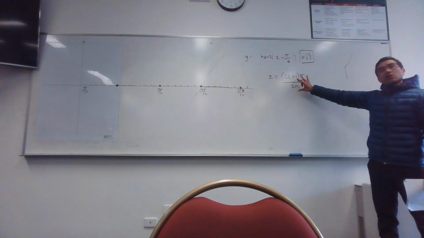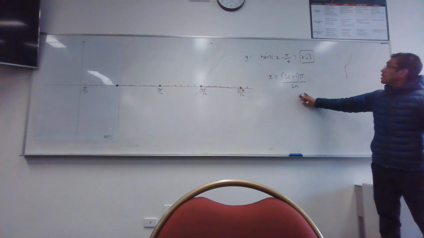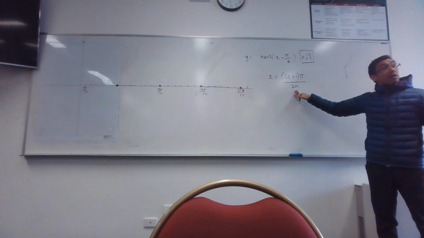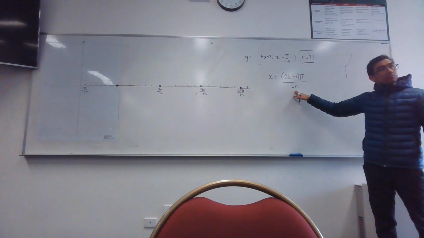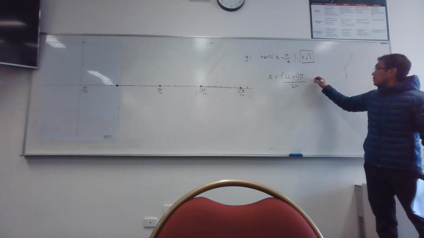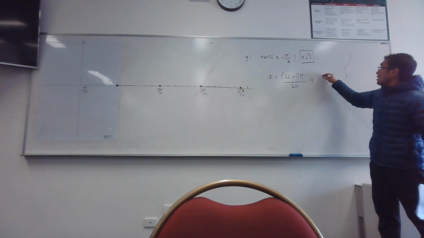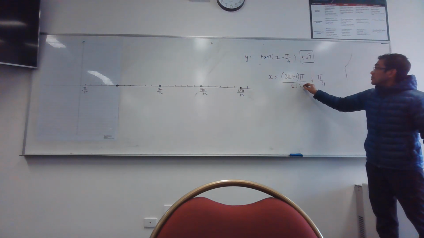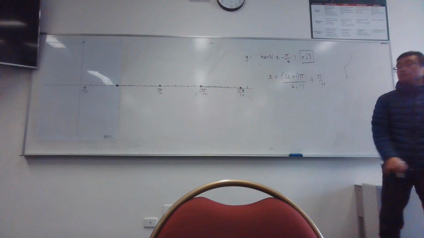So if I start off with my counting, I know that these asymptotes are shifting by how much to the right? By looking at our equation, it's a pi on 4 that you can see in there. Our n is a 2.